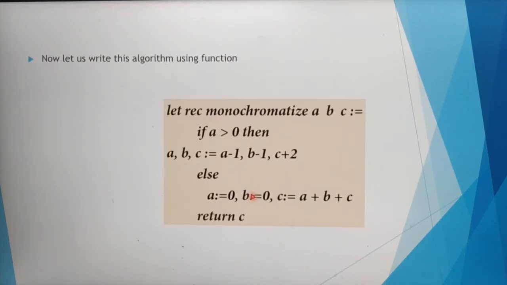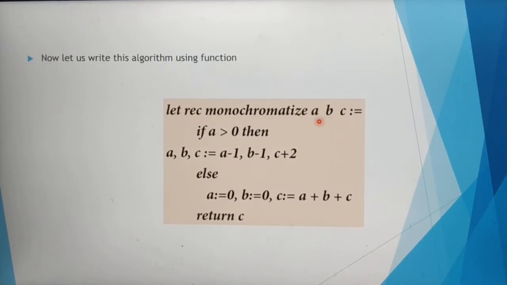Next we can see the algorithm for the monochromatized problem. Here let is our keyword to define the function. Rec is the keyword to define a recursive function. Here monochromatize is the function name, and A, B, C are three variables, which are three different colors of chameleons.